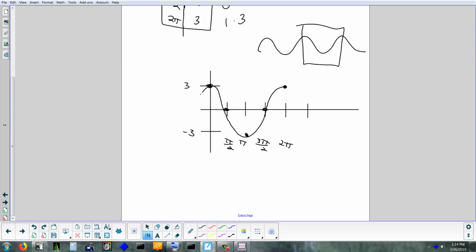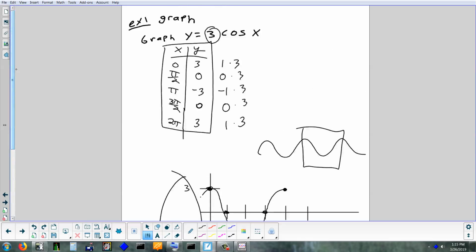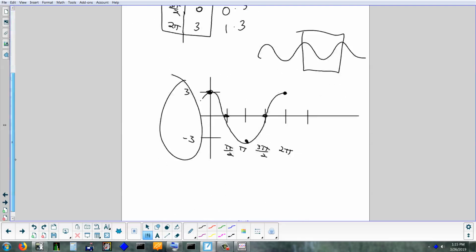Now, if you're looking at that and you say, well, that looks kind of the same as yesterday, it does, because I changed these numbers, right? If you wanted me to graph 8 cosine x, I would actually draw exactly the same picture and go 8, -8. So if you change your scale, the picture is always going to look the same, because you changed your scale.